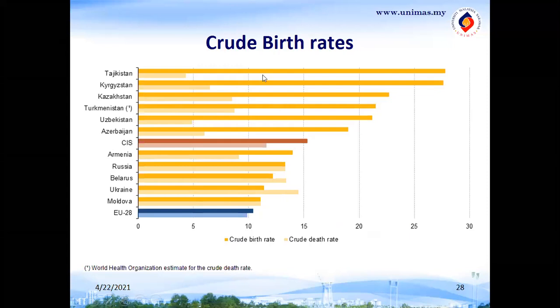Jadi if you look at the crude birth rates between these countries, this is from the figure from the World Health Organization, merujuk kepada these countries, contohnya Tajikistan, Kazakhstan, and so on, ya.